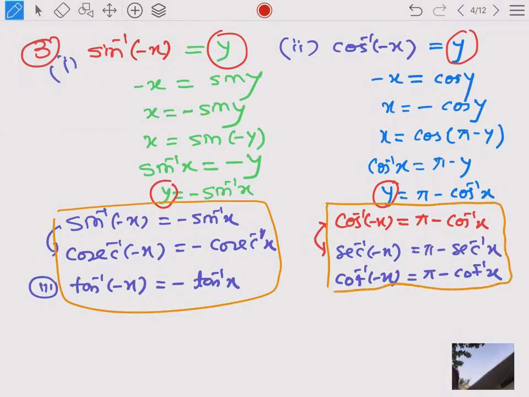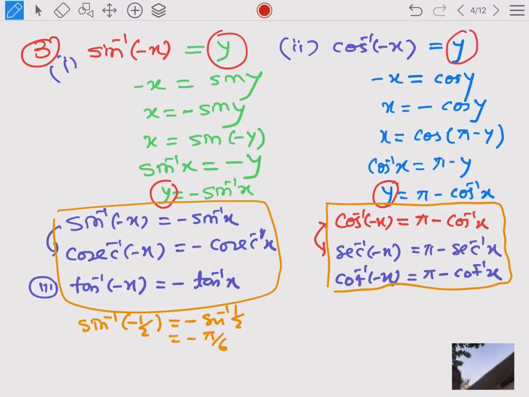For example, if a question asks what is the value of sine inverse of minus 1 by 2, it will be minus sine inverse of 1 by 2, and sine inverse 1 by 2 we know is pi by 6.